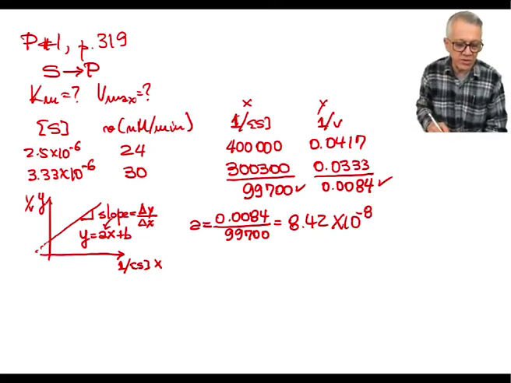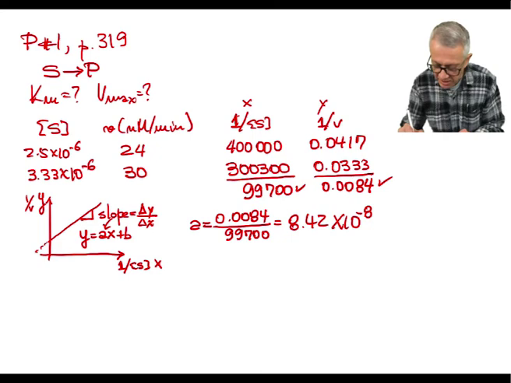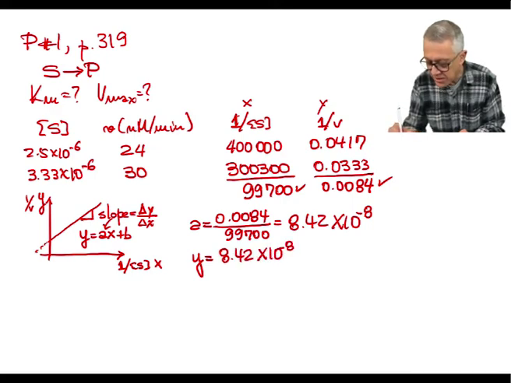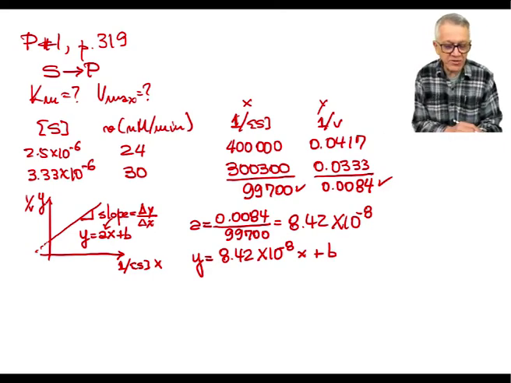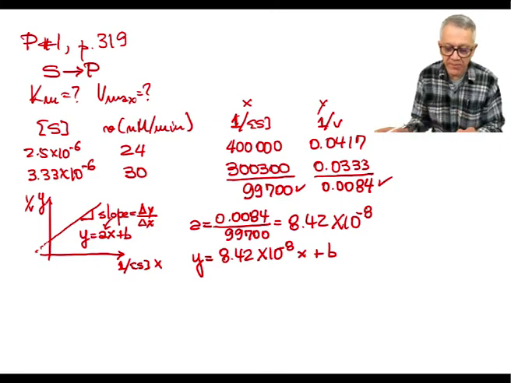Okay, so that's going to be the slope of this straight line here. That's going to be 8.42 times 10 to the minus 8 x plus b, right? Now we plug in any of these points. Again, I'm doing a very simple approximation so that you don't have to do all the work in an exam.